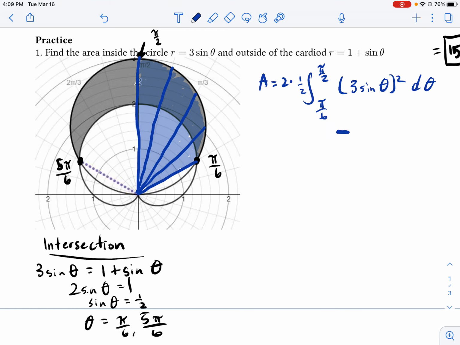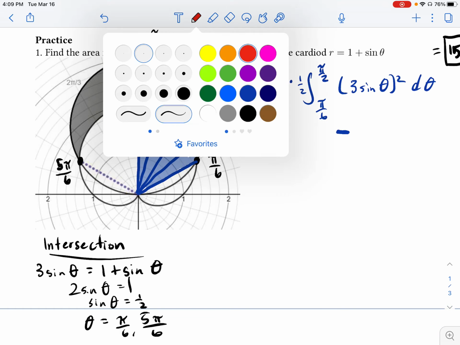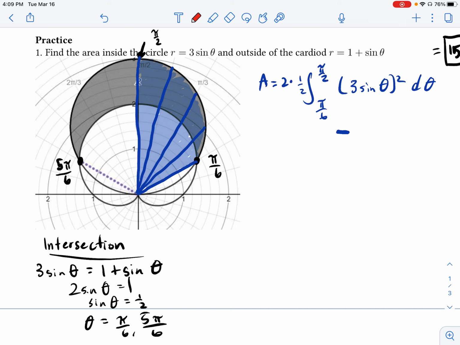Then I'm going to need to subtract a smaller area to find the outside area here. So if I do this now in red, if I then go ahead and take my cardioid, and if I start integrating my cardioid here as such, kind of these lines representing these sectors here.